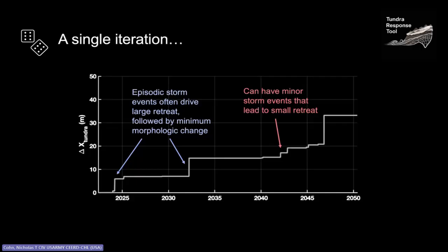So if we feed this into the same morphology model that I showed before at Point Hope, we can look at a time series out 25 years into the future. And here it's just showing the horizontal retreat of the tundra. So what we see is over the next 25 years, we might expect the landscape to retreat by, let's say, 33 meters, but it's heavily driven by extreme storm events that we see episodically, 5+ meters of retreat a couple different times.